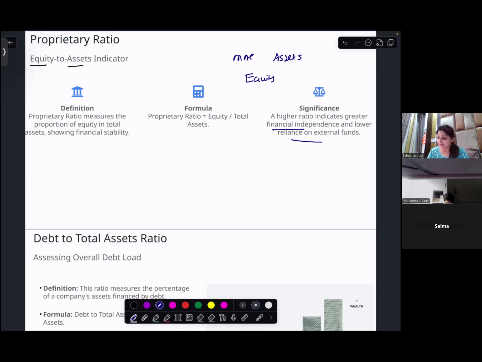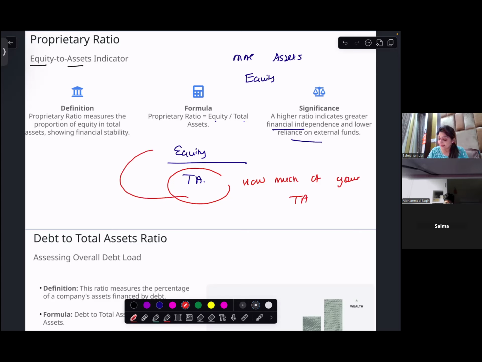The proprietary ratio formula is equity over total assets. Why am I explaining the formula? Because the formula comes with the explanation. What does the proprietary ratio tell you? How much of your total assets is funded by equity?